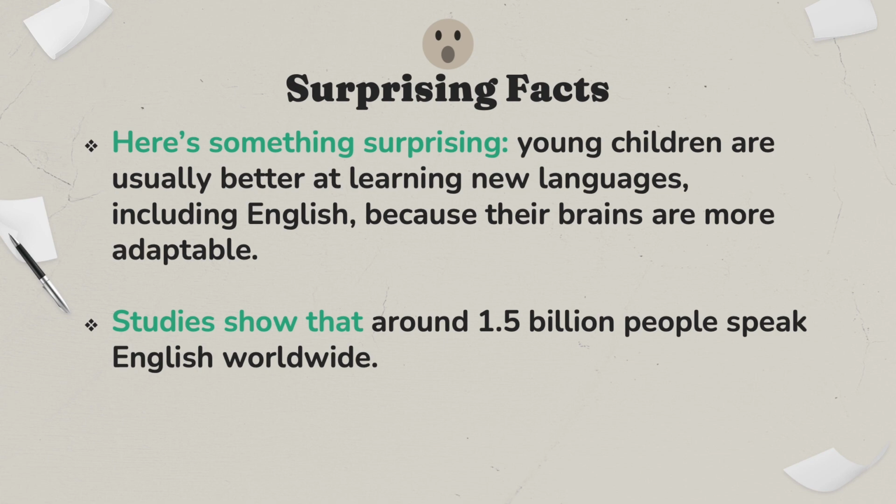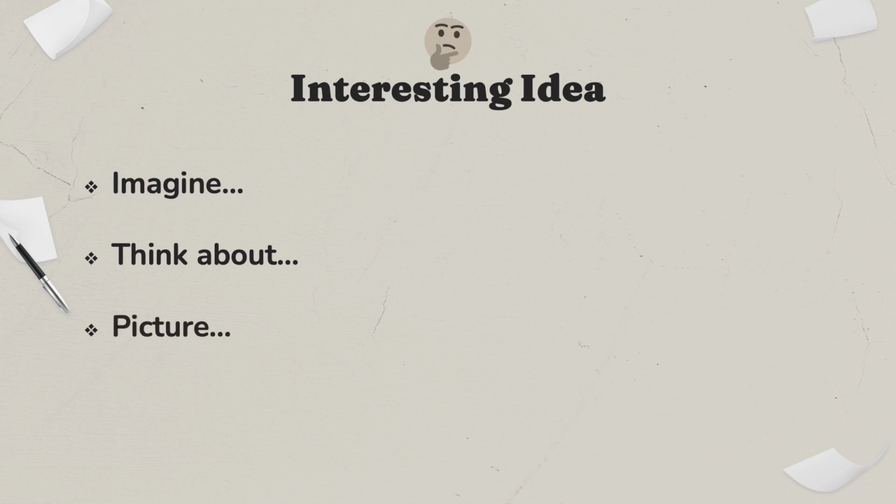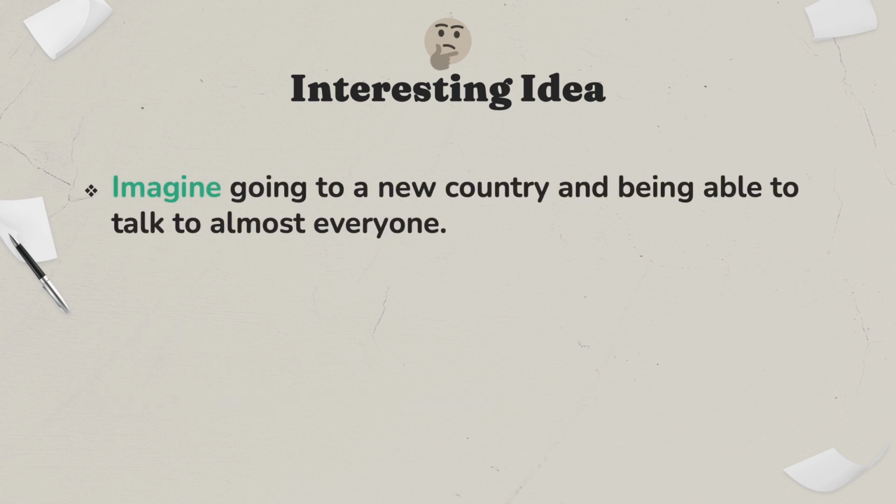Now, let's see our interesting ideas. So the sentence starters we have are imagine, think about, picture, people always dream about. Our example says, imagine going to a new country and being able to talk to almost everyone. Now, just like a hook that is a question, you need to explain a little bit more.